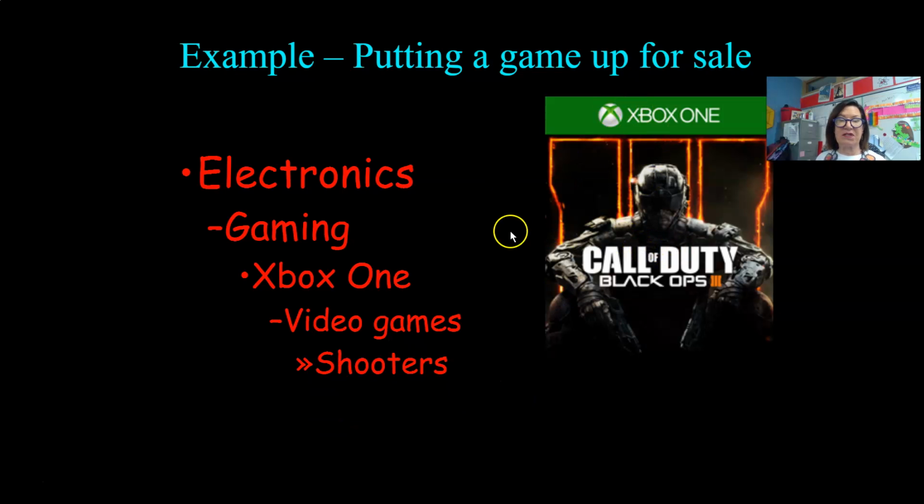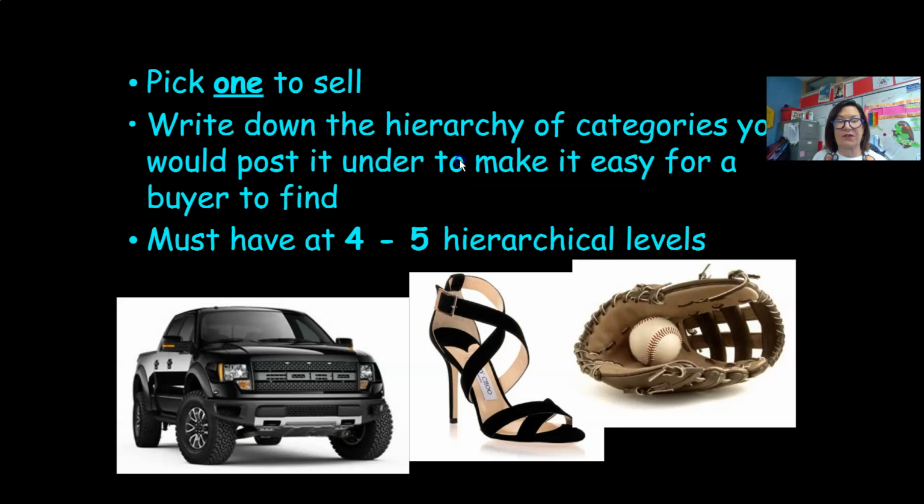Call of Duty is all about shooters, right? And then it would give me a list of all the video games for Xbox One that deal with shooters. So that's kind of how a category works. Then you would search for your game.